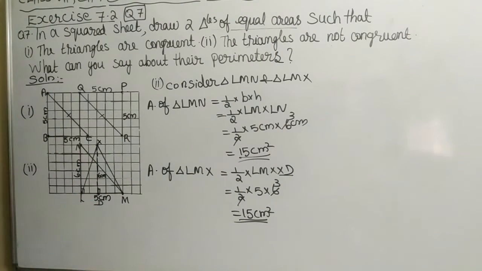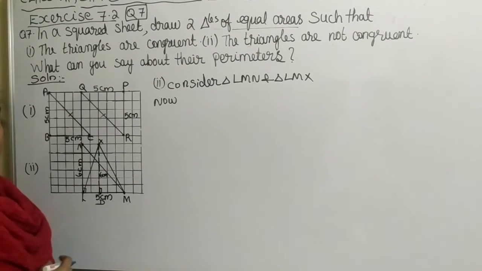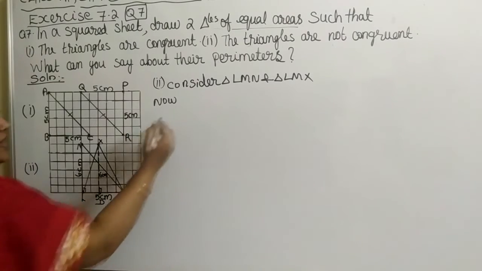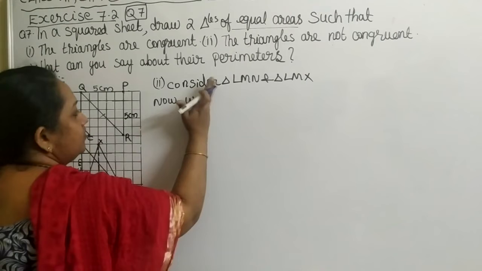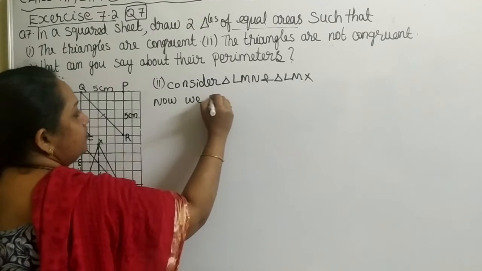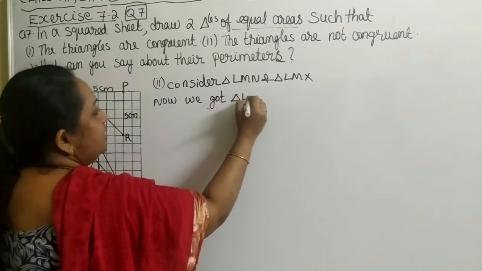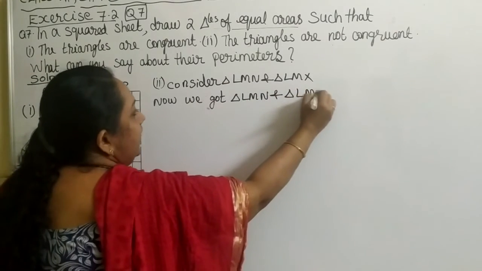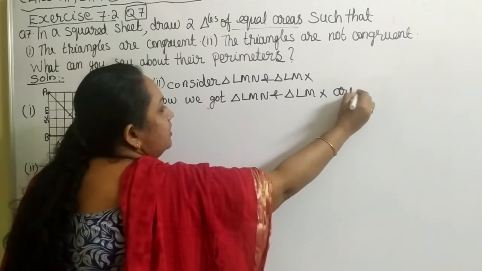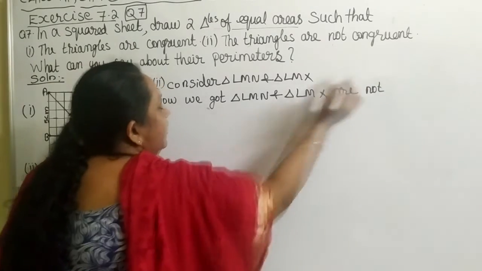Now we can see what you can say about their perimeters. Now we can check the perimeters of triangle LMN and triangle LMX. Now we got that triangle LMN and triangle LMX are not congruent.